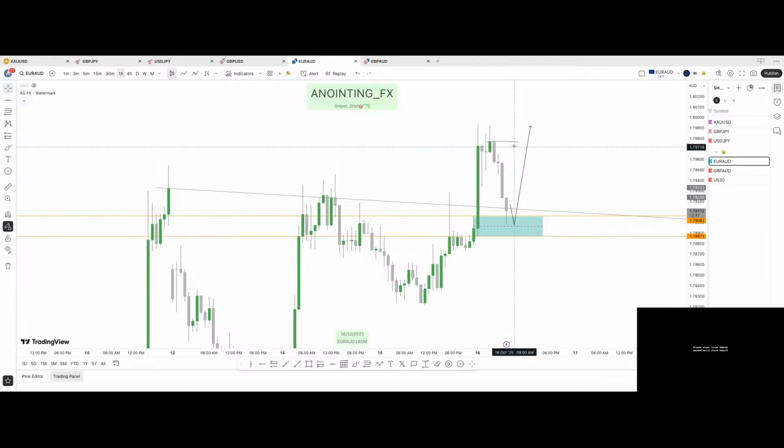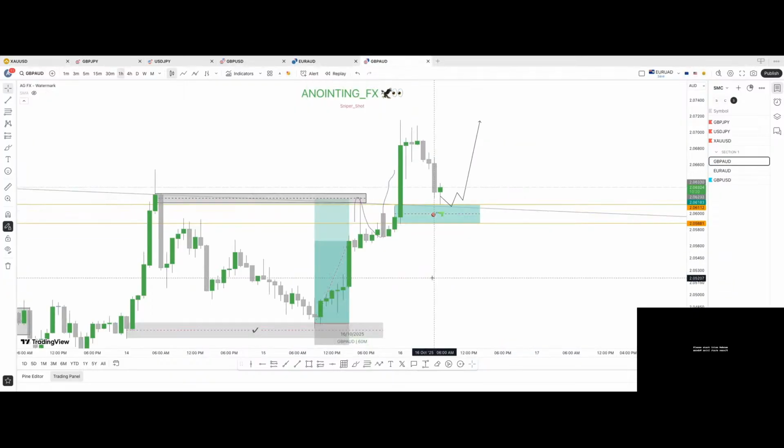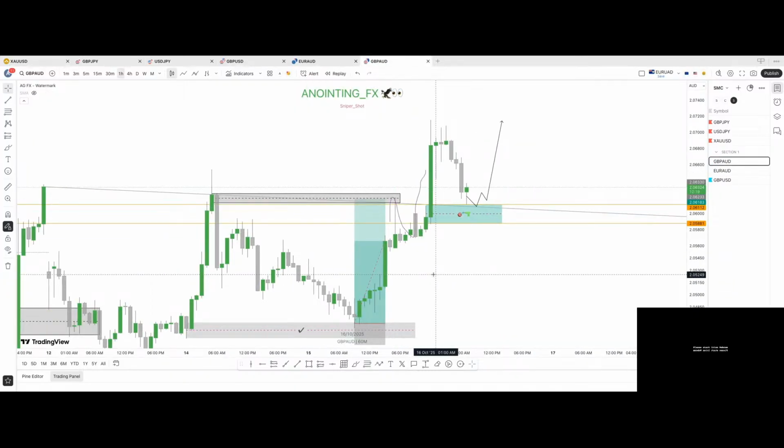So let me check the pips from this zone to that zone. That is 71 pips. That is enough using a standard lot. So that is my view on Euro AUD and then GBP AUD. Those are my two trades I'm running currently.